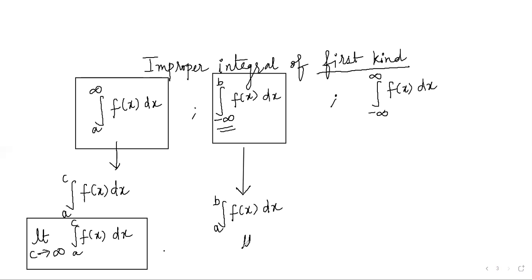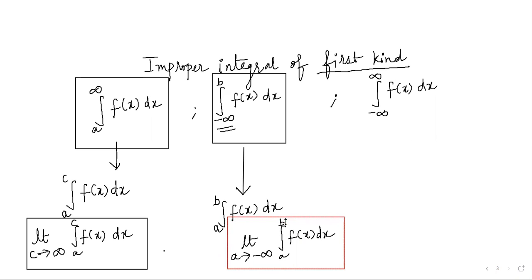So we will be evaluating this limit by considering that the lower limit a is tending to minus infinity. If this limit exists, in that case, we will be saying that the given integral is convergent.